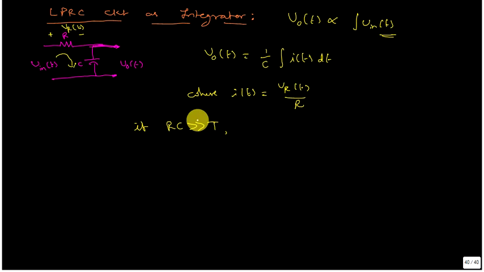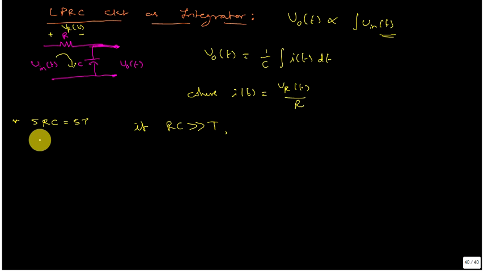So if RC is very large compared to T, then the capacitor rises slowly towards the input voltage and cannot reach the final value, because the input voltage is applied for only a very small time. We know a capacitor requires 5 time constants to charge to the final value, that is 5 tau.